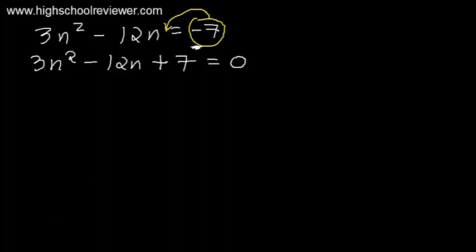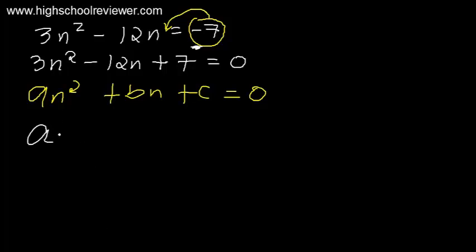This is now of the form an squared plus bn plus c equals 0. We can now get the values of a, b, and c. So our value for a here is the numerical coefficient of our first term. This is positive 3.